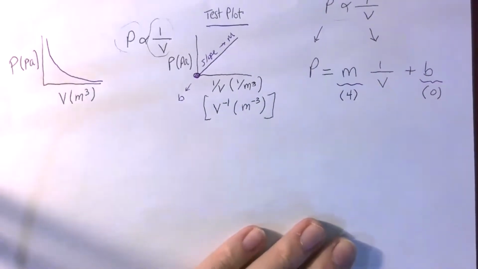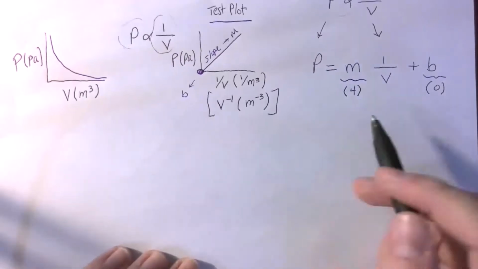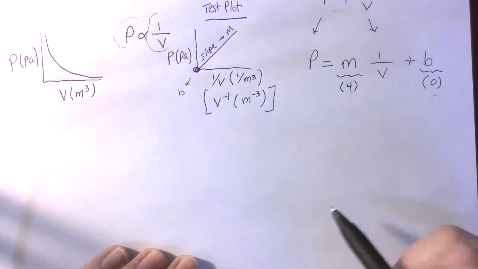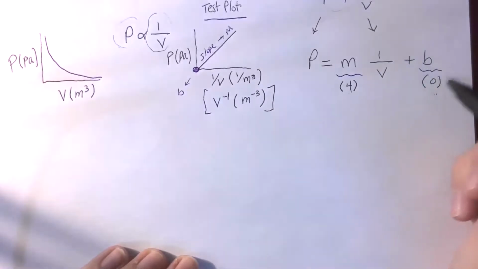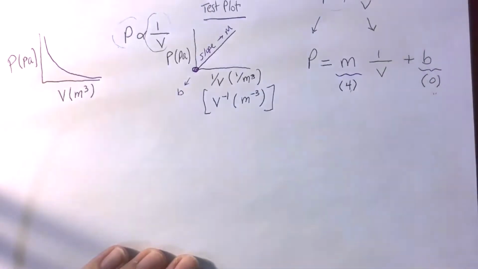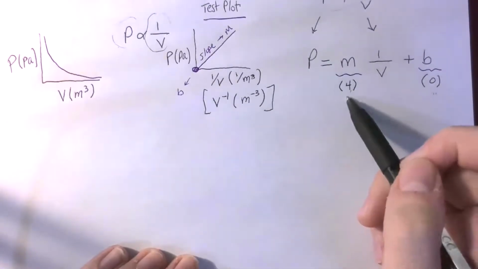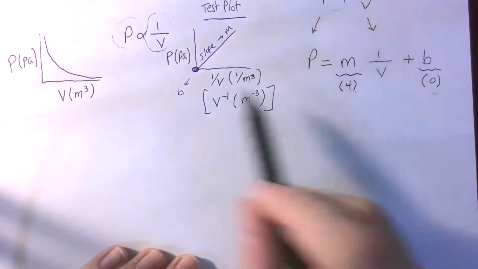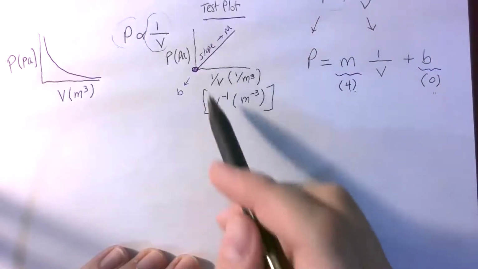So to properly format this, we also need units for our values. I don't have to write the intercept because it's 0, so there's no point in including that. So we just have to worry about the units for our COP. So this comes from the slope of the test plot.